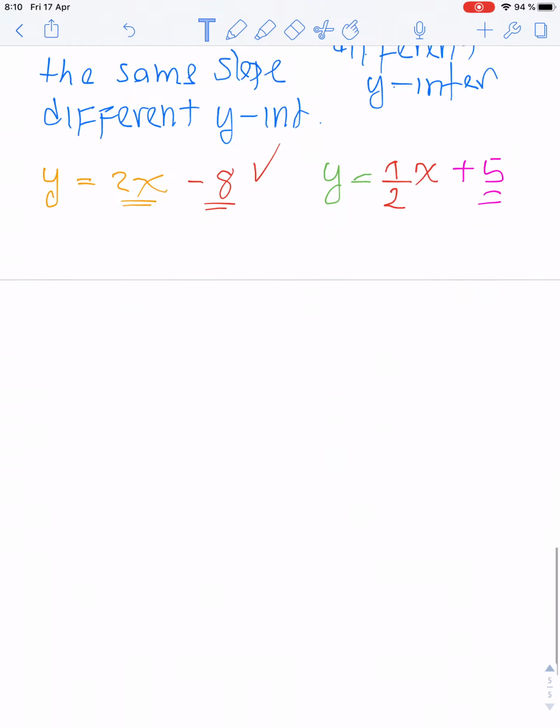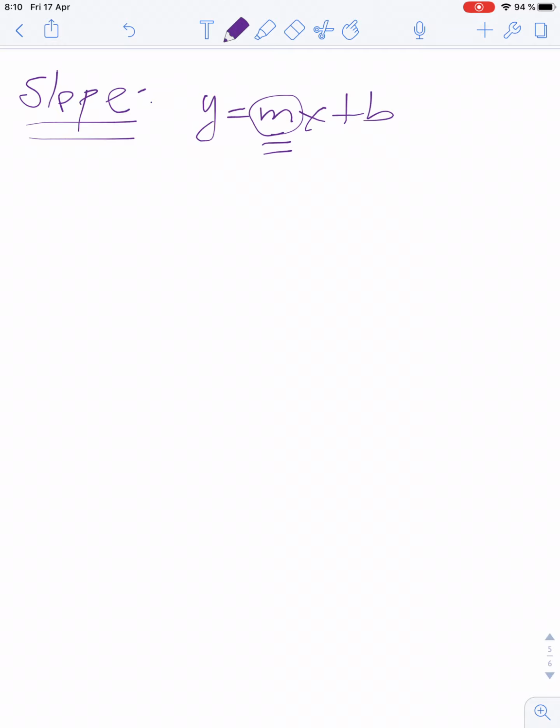Finally, for this, we will see how to find the slope. The slope, we know, is the value for m in the linear equation. How to find the slope? We can find the slope by applying the following expression: y2 minus y1 over x2 minus x1.